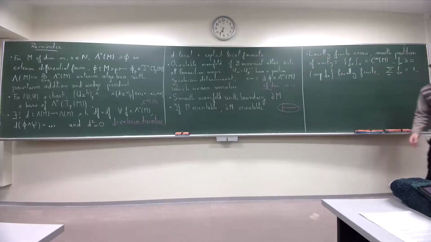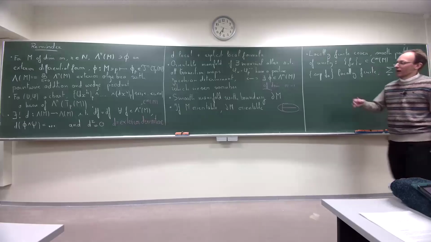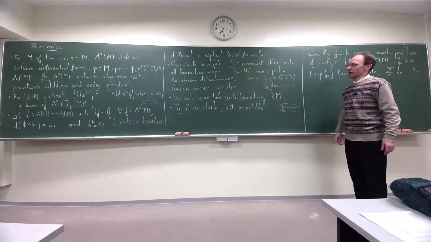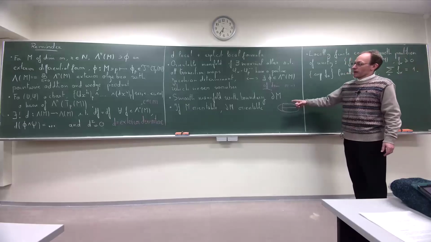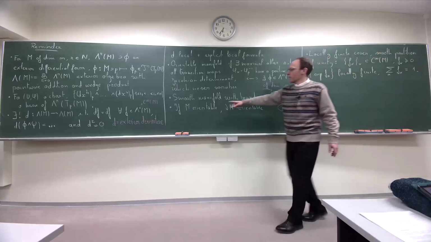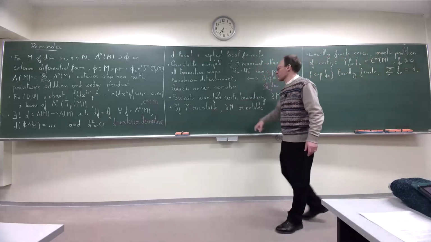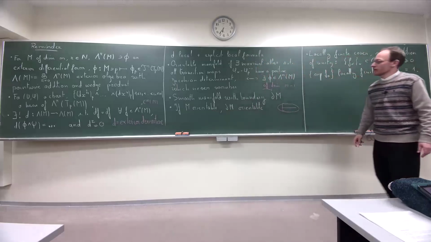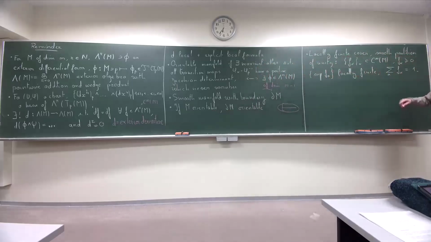This is the way we do it, and this gives us enough freedom for constructing the theory. It turns out that if the manifold M is orientable, its boundary, and I gave a definition for the boundary, is also orientable. We will use it in Stokes' theorem.